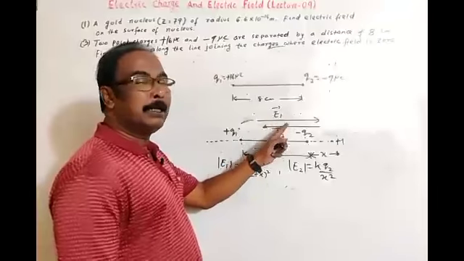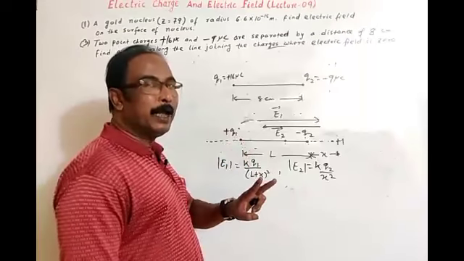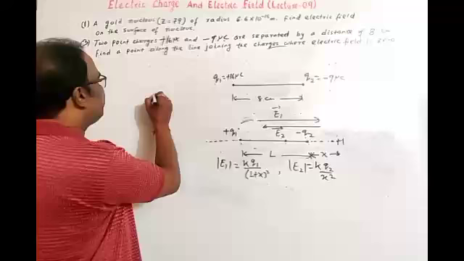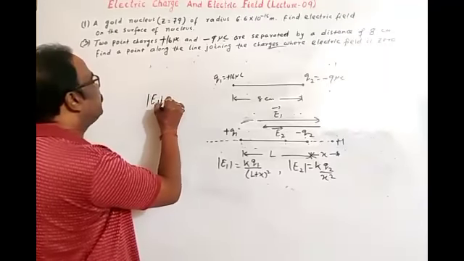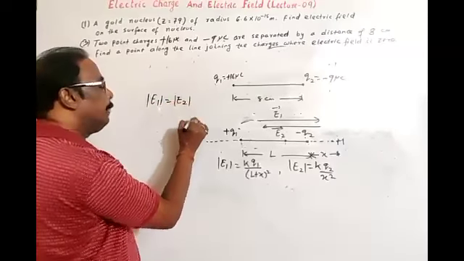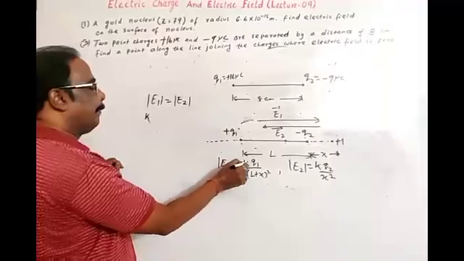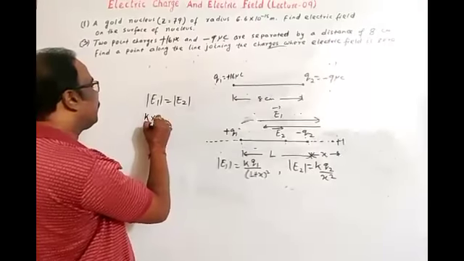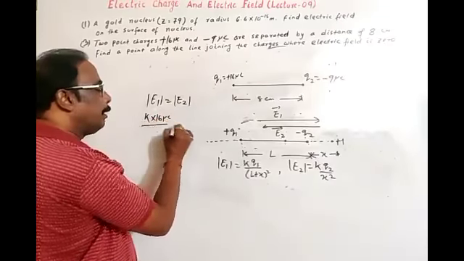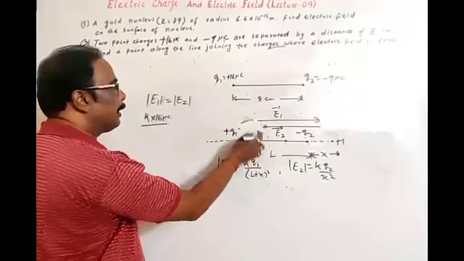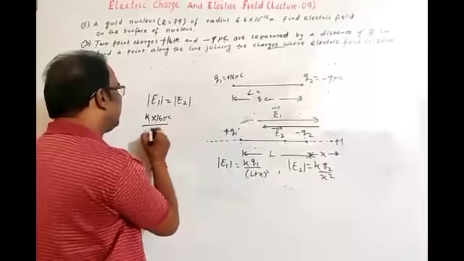They are already oppositely directed. Then the only condition, as we have discussed, is that the magnitude of E1 should equal the magnitude of E2. E1 is k q1, which is 16 microcoulomb, divided by L plus x whole square. Here L is 8 centimeter.